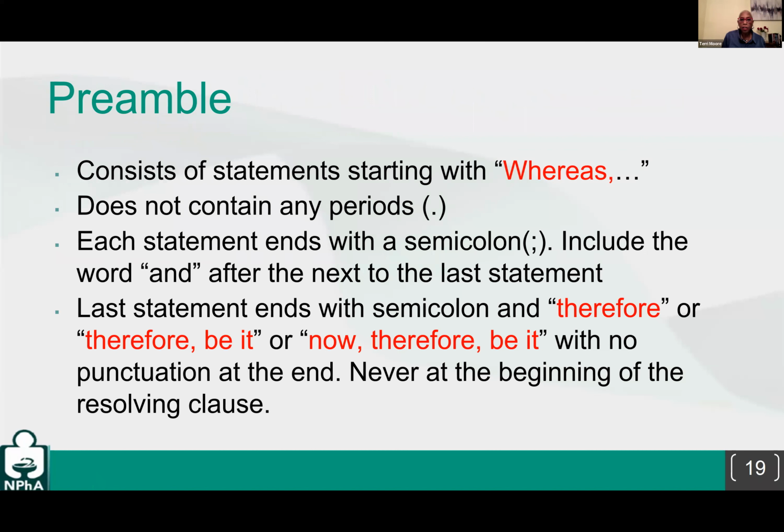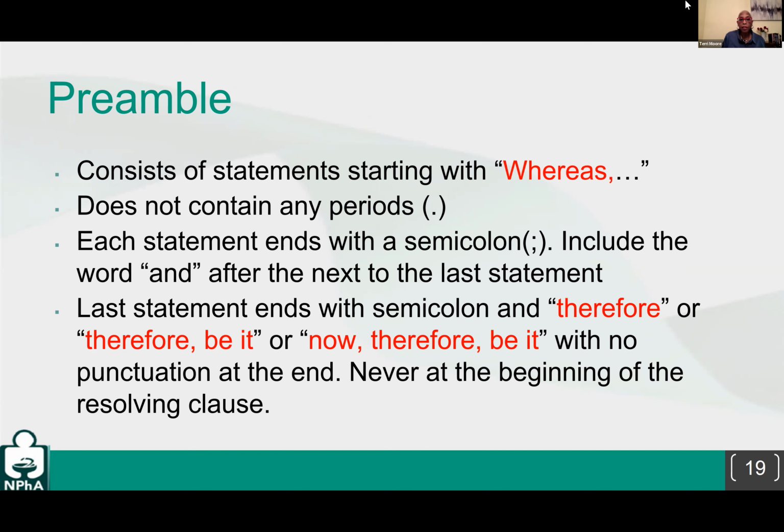If you look at how it is written there, it starts with a capital W and there's a comma behind the word whereas, and then the rest is the clause that you're using to give some reasoning or background information. The whereas clauses do not contain any periods. Each of the clauses of a preamble ends with a semicolon instead.